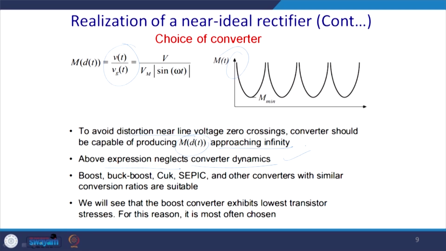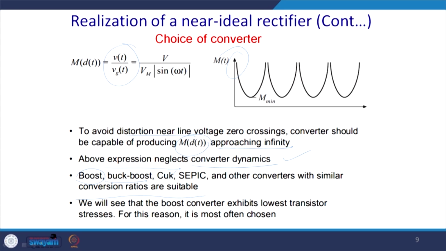We can use this DC to DC converter, may be isolated as well as non isolated, though I have shown the picture of the isolated. It can be boost, buck boost, Cuk, SEPIC and other converters with similar conversion ratios, and that can be used for this purpose.